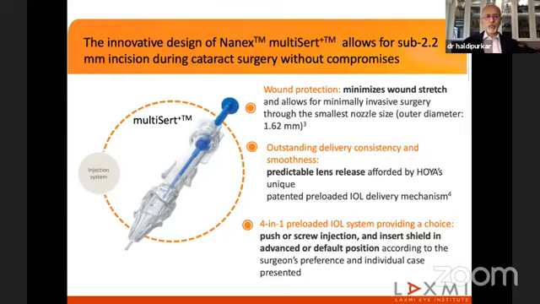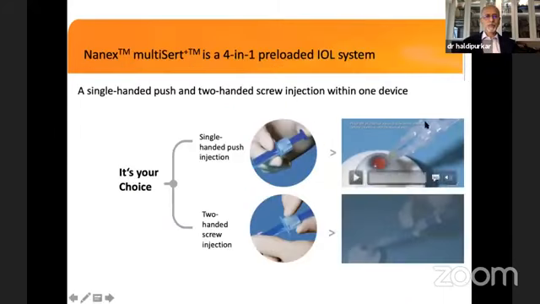This injector is called a 4-in-1 preloaded IOL system, which has push or screw injection and an insert shield in advanced or default position. Now, what is it? Let's see in the next case.